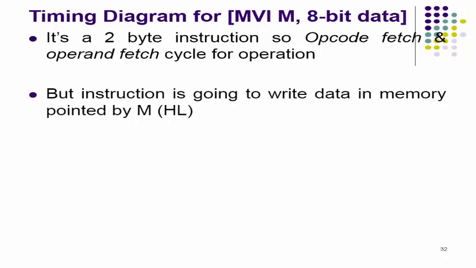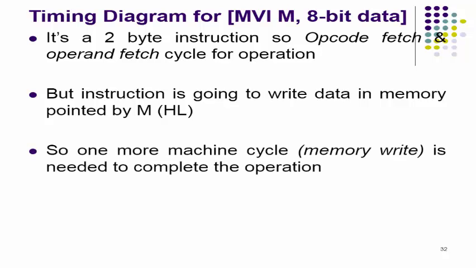It's a 2-byte instruction, so opcode fetch and operand fetch machine cycles are needed for the operation. But the instruction is going to write data in the memory pointed by M, or pointed by the HL register pair, and for this reason one more machine cycle is required to store an 8-bit immediate number in the memory pointed by HL.